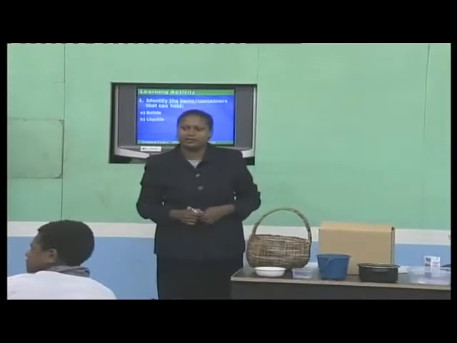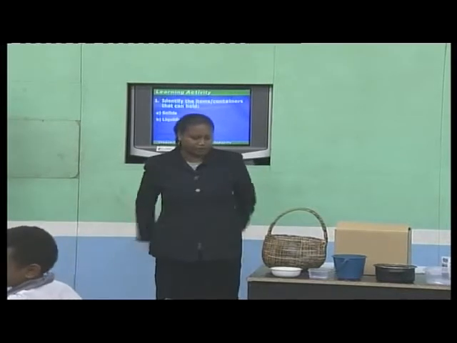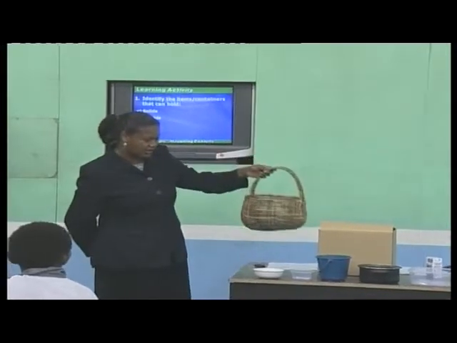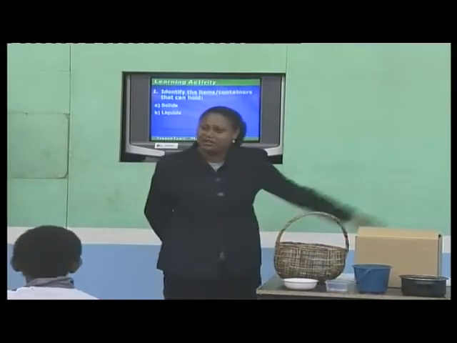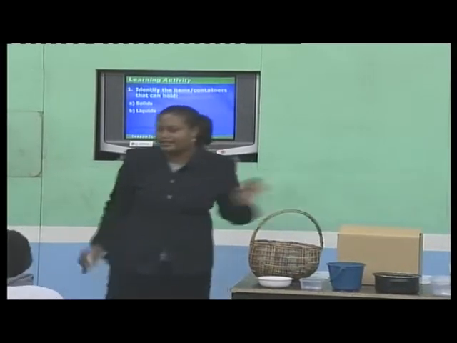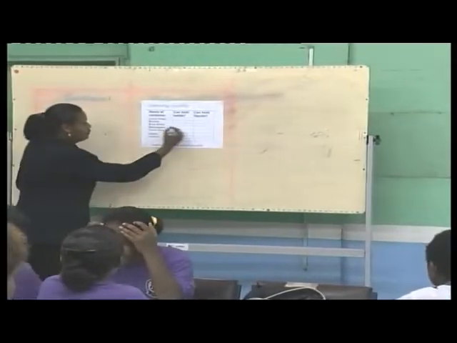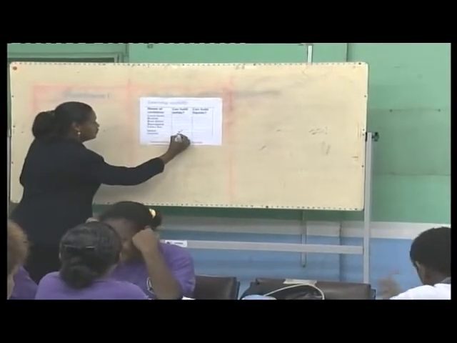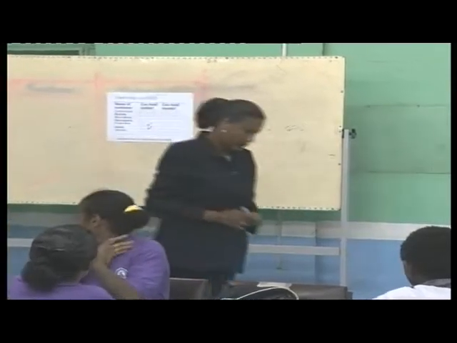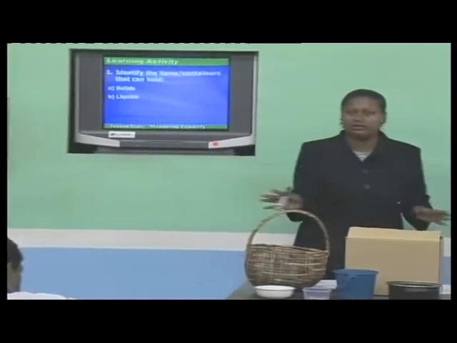Yes, Emmanuel. Which items can hold solids? A box. What do you others think? Can it hold solids? Yes. You agree? Carton box. Any more?